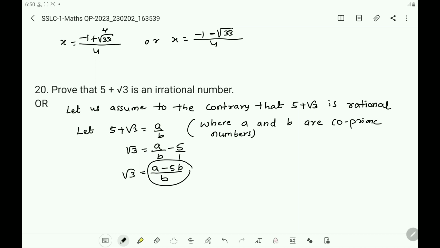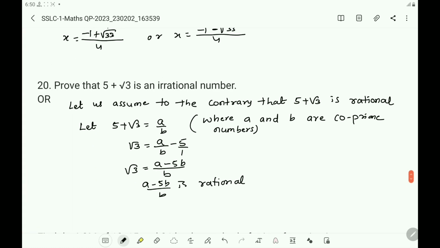RHS a minus 5b by b is rational. But we know that root 3 is irrational.